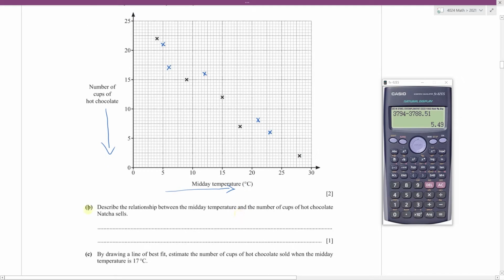So the relationship is, as the temperature increases, Nacha sells, or you can say as the temperature increases, number of cups of hot chocolate sold decreases.